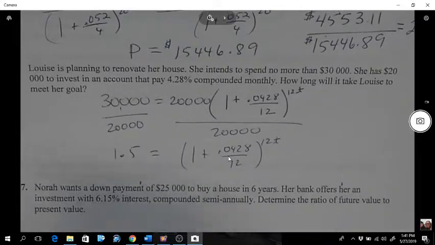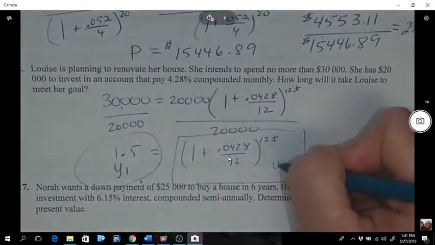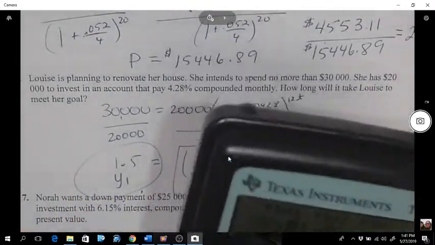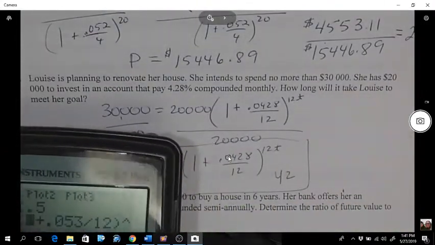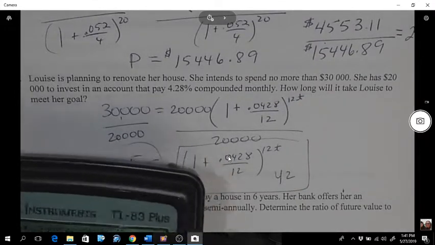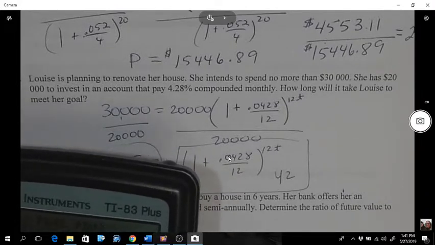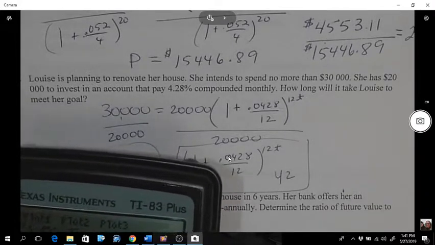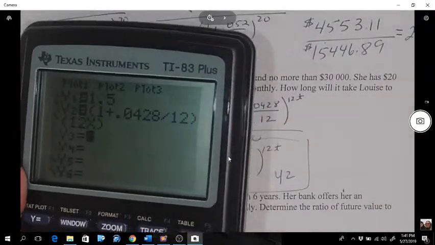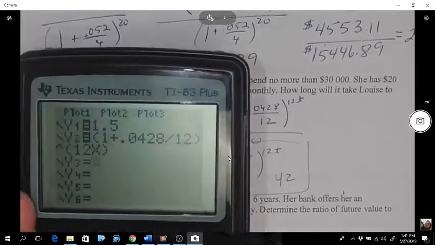Okay, so I'm going to type this into Y1 and this into my Y2 in my graphing calculator and figure out where they meet. So I already have one in here from before. Divided by 12. Okay, so this is what I have now. That look right. Okay.